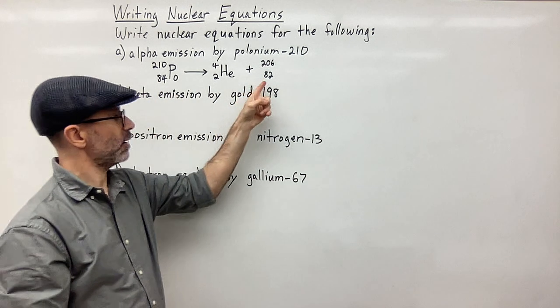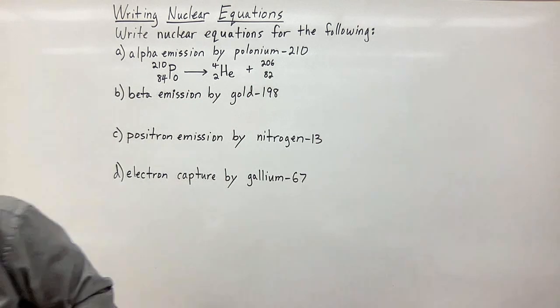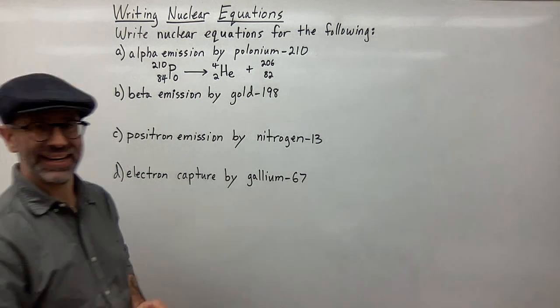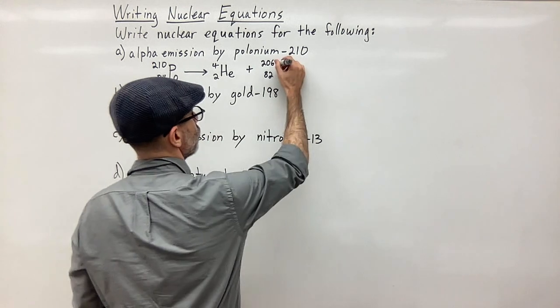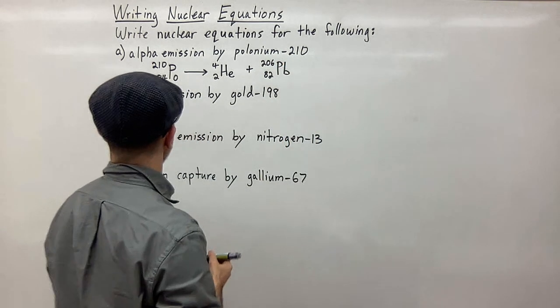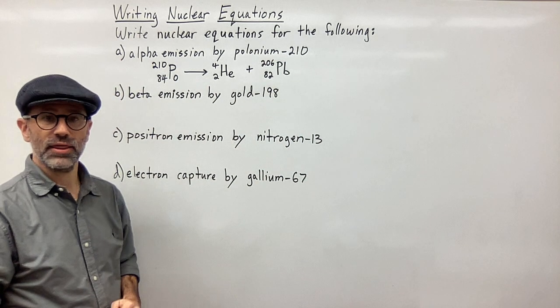Now that we have the atomic number, we can look up the symbol for this daughter isotope. We look up 82 and we have lead, Pb. So that is the nuclear equation for this decay.